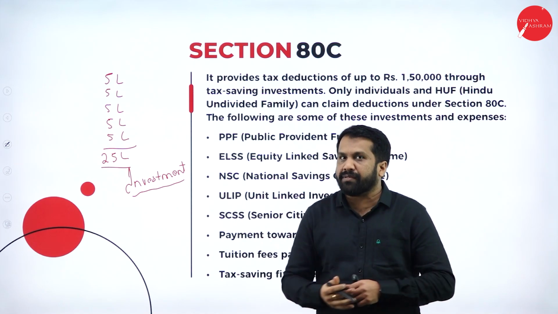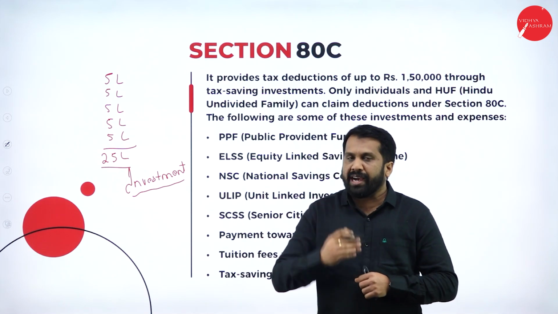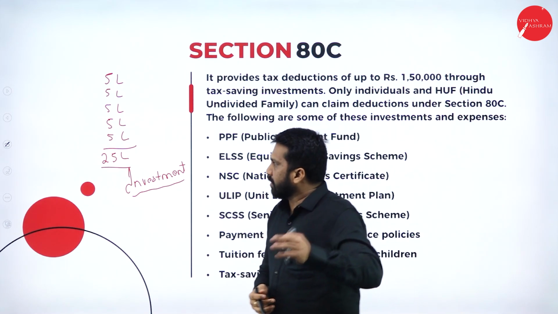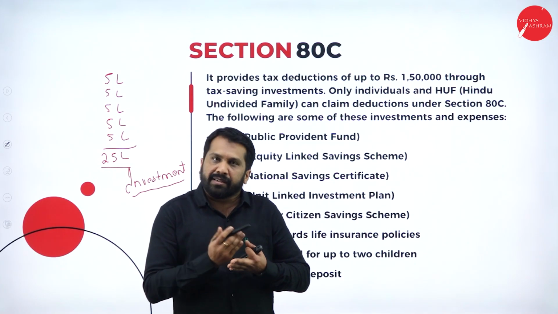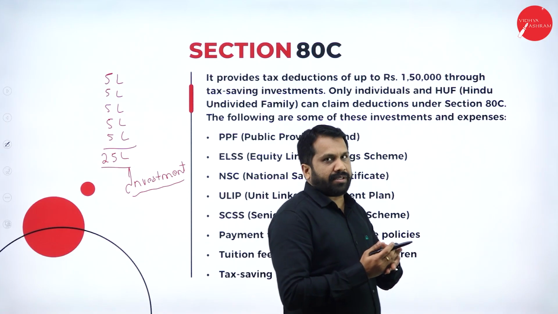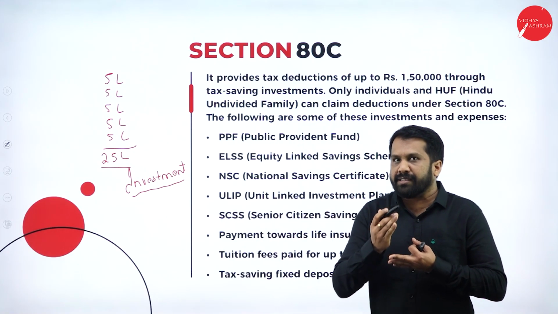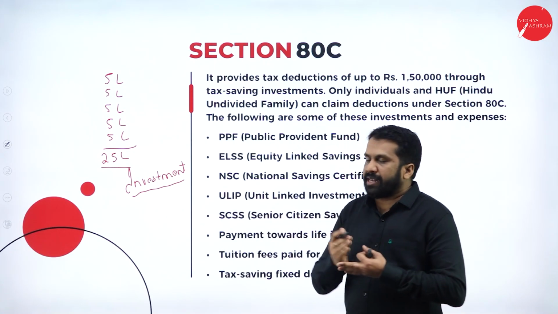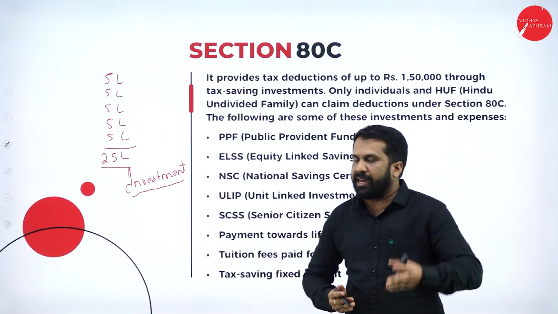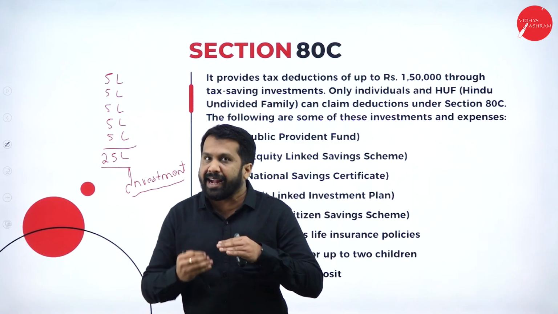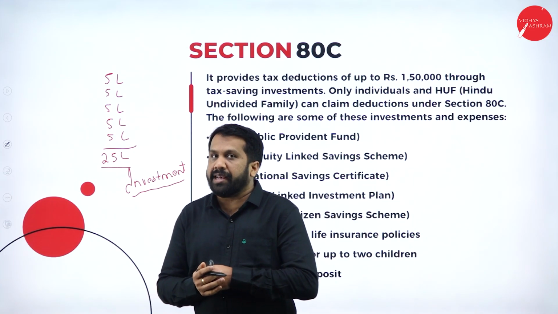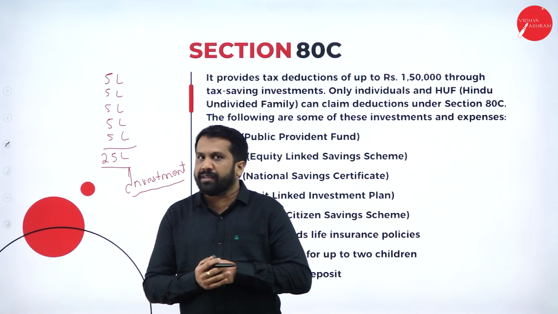Already we have done it in assessment of individual. You have to follow that. Under that, we calculate: first 2,50,000 no tax, next 2,50,000 there is 5%, 5 lakh to 10 lakh there is 20%, above 10 lakh it is 30%. All these calculations are there. Before doing that, if you want to save tax, you have to claim deductions.